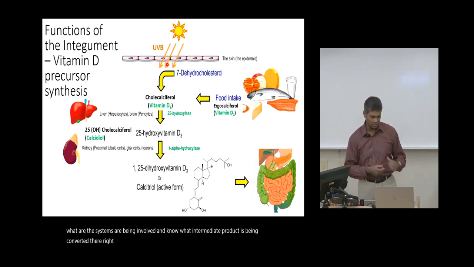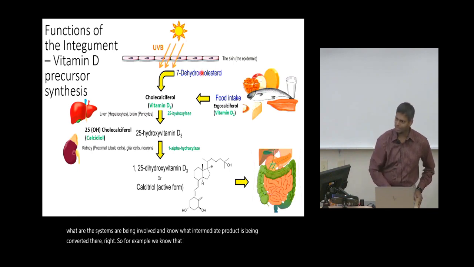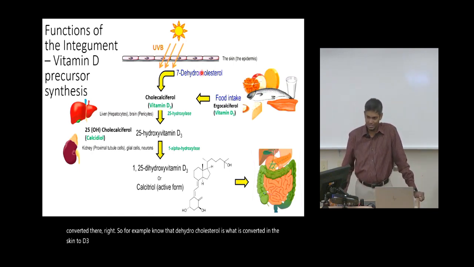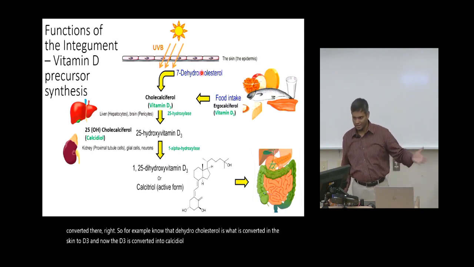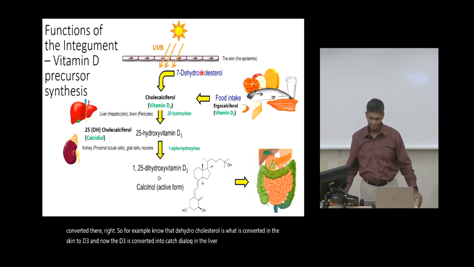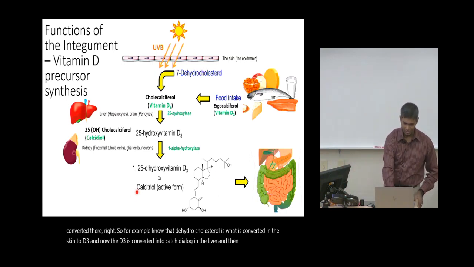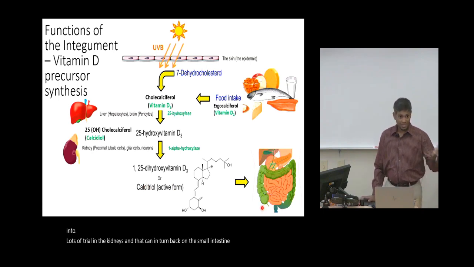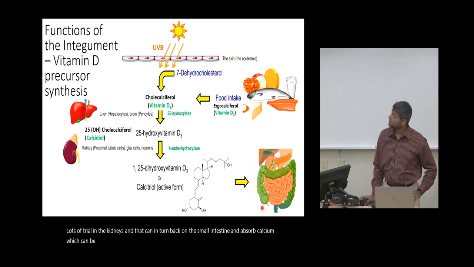So for example, know that dehydrocholesterol is converted in the skin to D3. I know that D3 is converted into calcidiol in the liver, and then calcidiol is converted to calcitriol in the kidneys, and that can in turn act on the small intestine and absorb calcium, which can be incorporated in the bones.